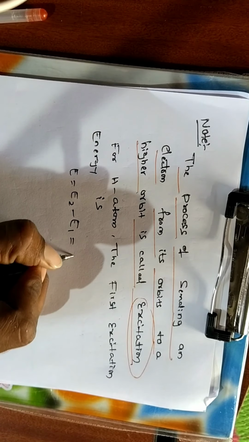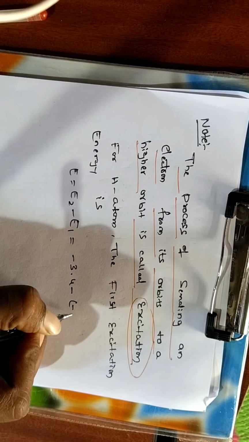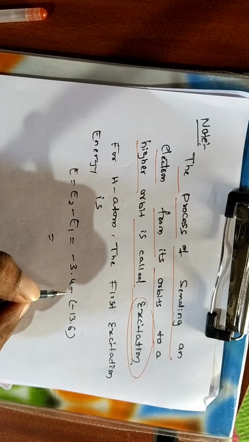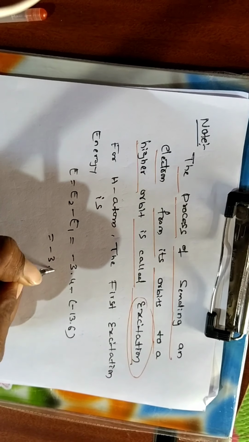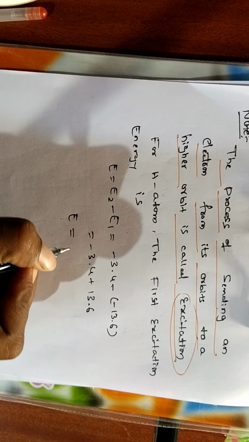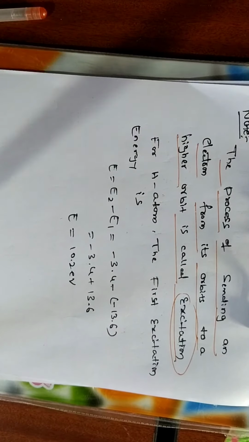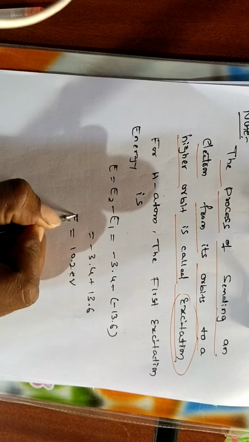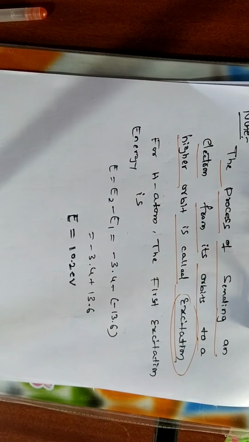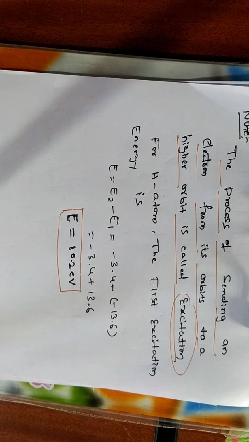E is equal to E2 value, minus 3.4, minus of minus E1 value, the ground state energy value, minus 13.6. Minus into minus is plus, so minus 3.4 plus 13.6. Its total answer, the excitation energy, is 10.2 electron volt. This you call the excitation energy required for the electron to jump from its orbit to a higher orbit.